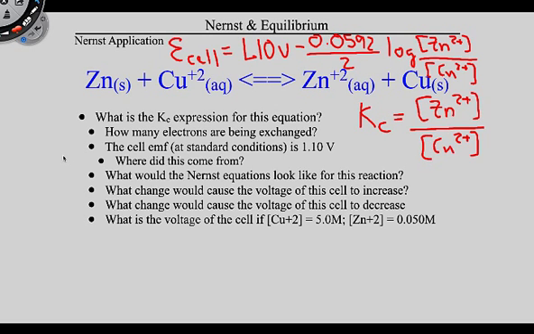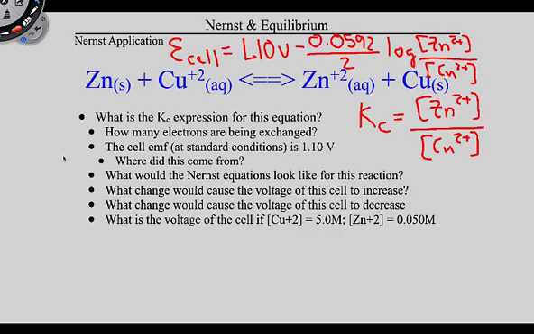What is the voltage of the cell if copper ion is 5 molar and zinc ion is 0.05 molar? Even without doing the math, what if we ask this question? Will the voltage of the battery be above or below 1.10 volts? I don't know the answer. You're saying above?